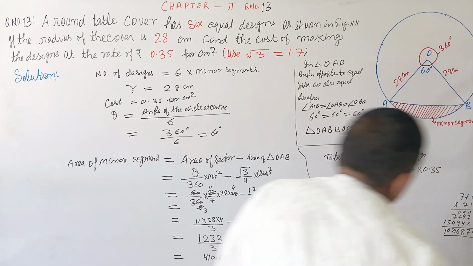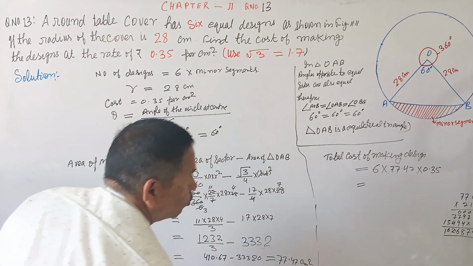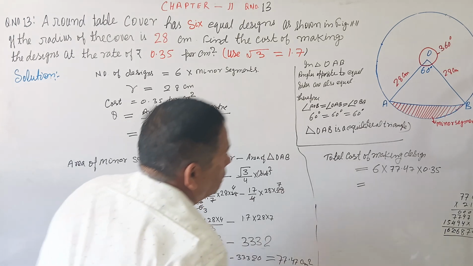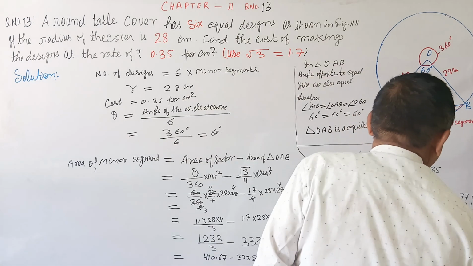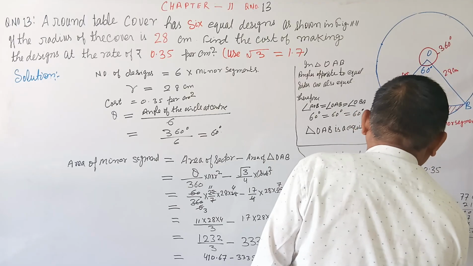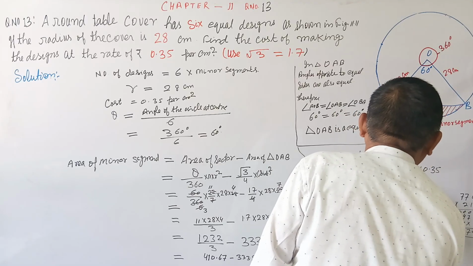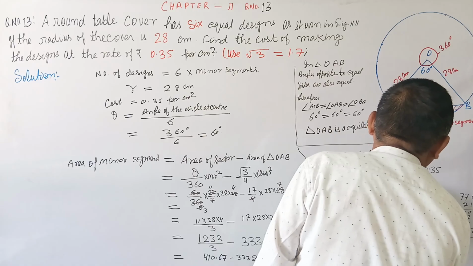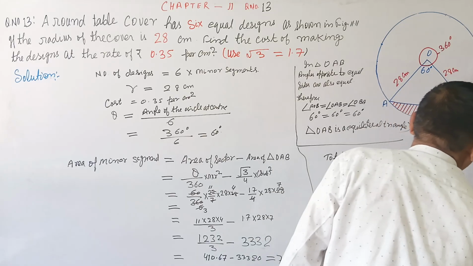So we will get 162.68. So the total cost will come to 162.69 rupees.